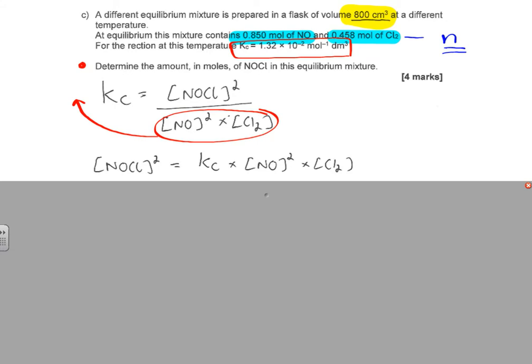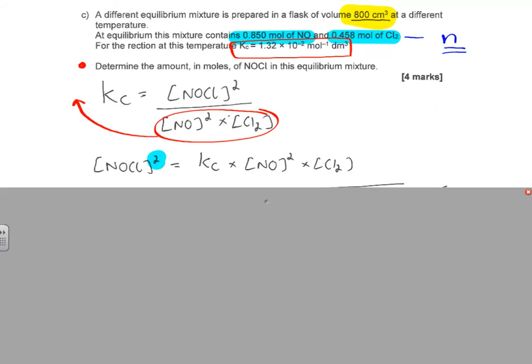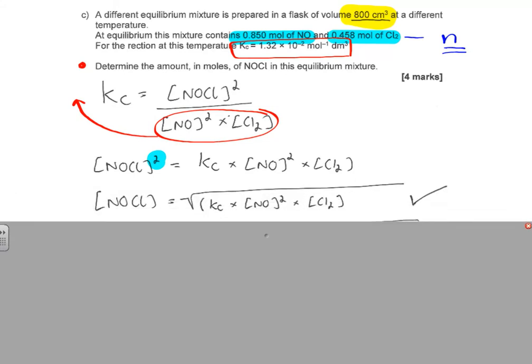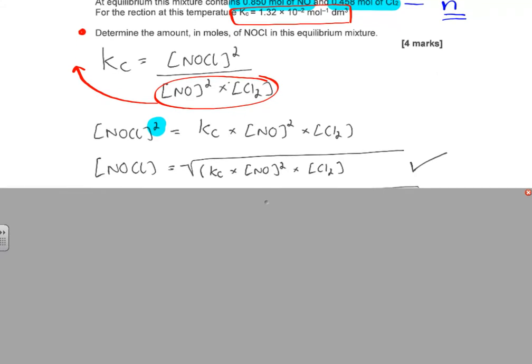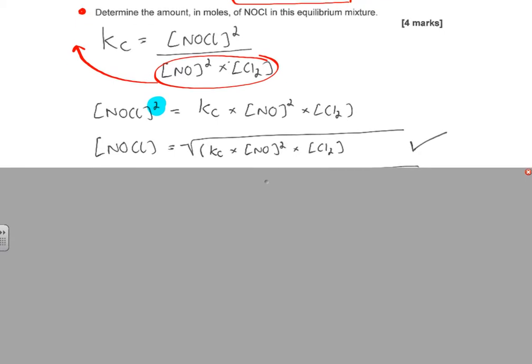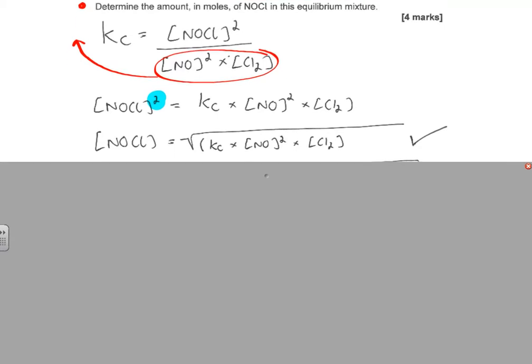But of course that's not finished, that's not going to help me calculate my number of moles of NaCl, because that is currently squared, and so to complete the rearrangement, my concentration of NaCl would be the square root of Kc times the concentration of NO squared times the concentration of Cl2. Now at this moment I've picked up my first mark, I'm demonstrating to an examiner that I know the methodology on how to solve this problem.